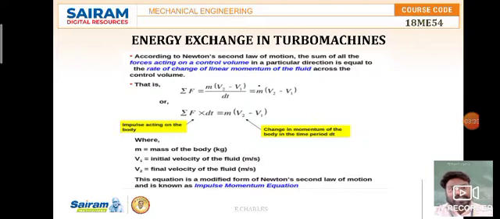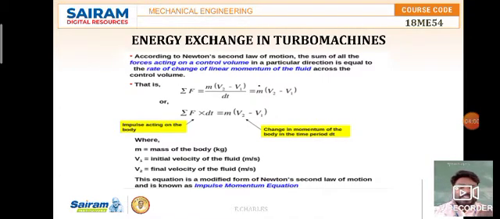The left hand side is the impulse acting on the body: summation of forces into time taken, that is force into time. In the early stages of physics, you might have studied that the formula for impulse is force into time. So the impulse force acting on the body, summation of F into dt, is equal to m dot into v2 minus v1.